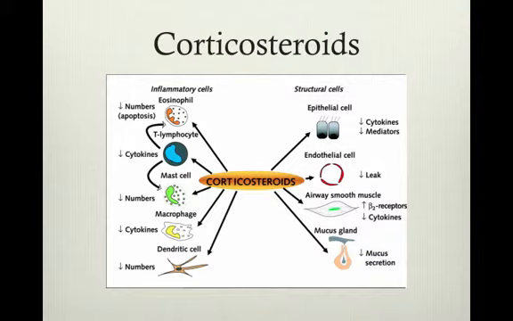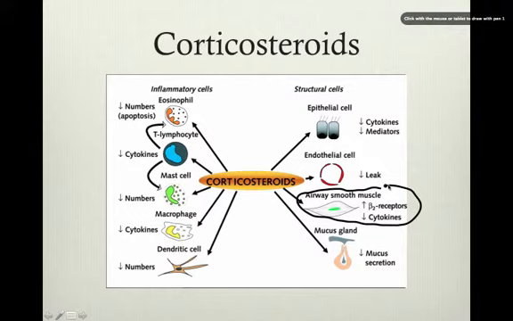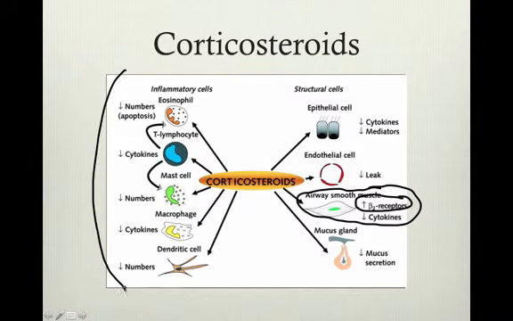Now what that means is, and we're talking about this area over here, that it would increase beta-2 receptors. And what that means is it makes the cellular environment more sensitive to things like adrenaline and albuterol. So very good drug of choice. This stuff is used in multiple facets.